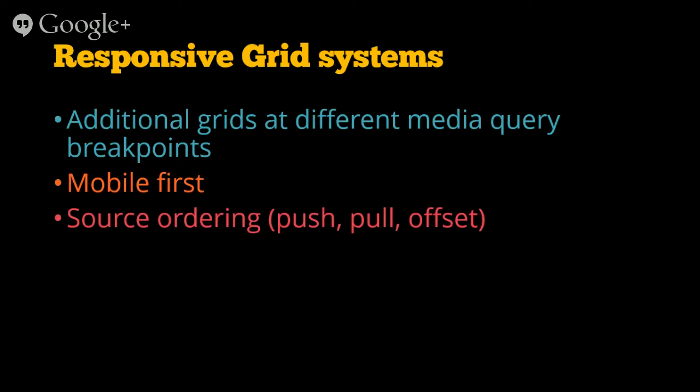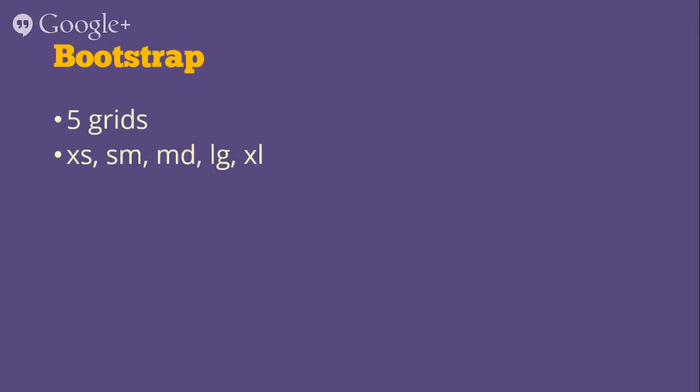But in my HTML, I have code for my sidebar first and then the content area next. So technically, the stacking order would be your sidebar and then the content. But with these grid systems, you can reverse that and have your content show up first and then push the sidebar to a lower portion of the screen. So that's called source ordering, and these responsive grid systems allow you to do that.